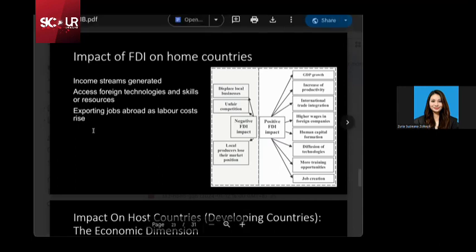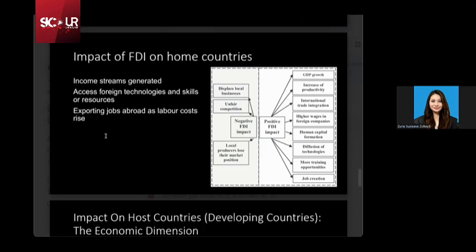Okay. And another thing in terms of the labor costs, by exporting jobs abroad, the labor cost here in Malaysia will rise as well. So it's a disadvantage, it's very complex, right? It's a disadvantage for a company because they have to bear the higher cost of labor, but this is a good thing for the citizens because by having a lot of FDI, we can earn a lot more.